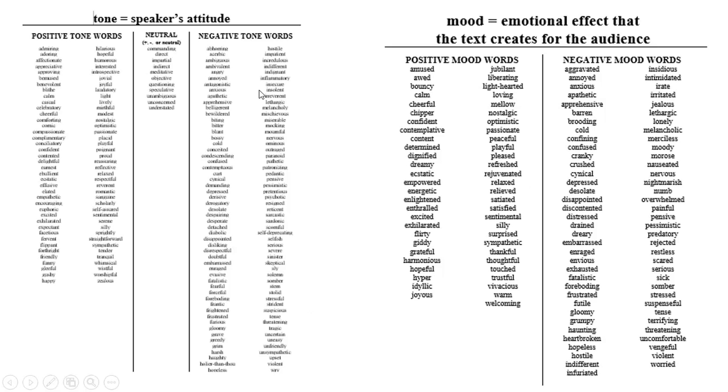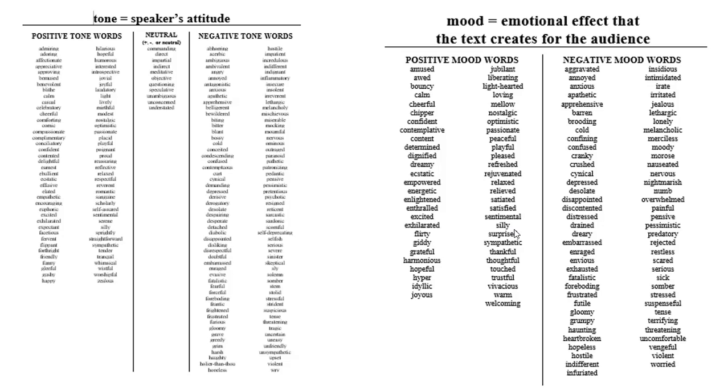So there are a lot of positive and negative words that you have in your reads that you can look for. Like a positive word is amused. A negative word is aggravated, annoyed, confining, cranky, confused, depressed. Positive words: relaxed, relieved, satisfied, silly, surprised.